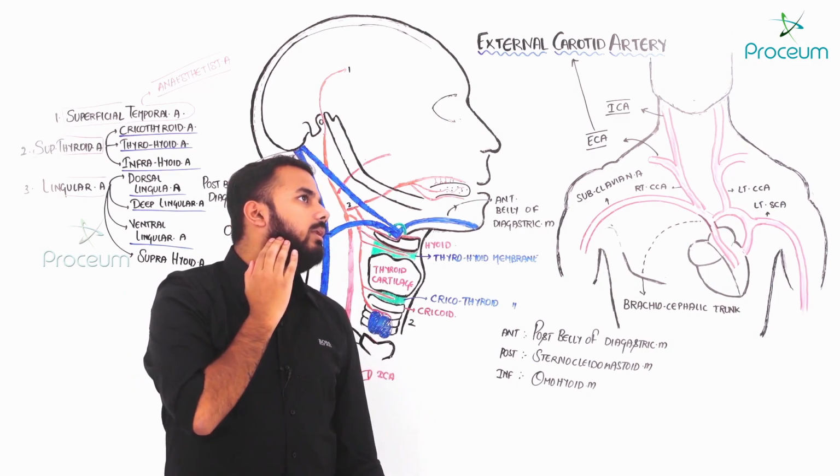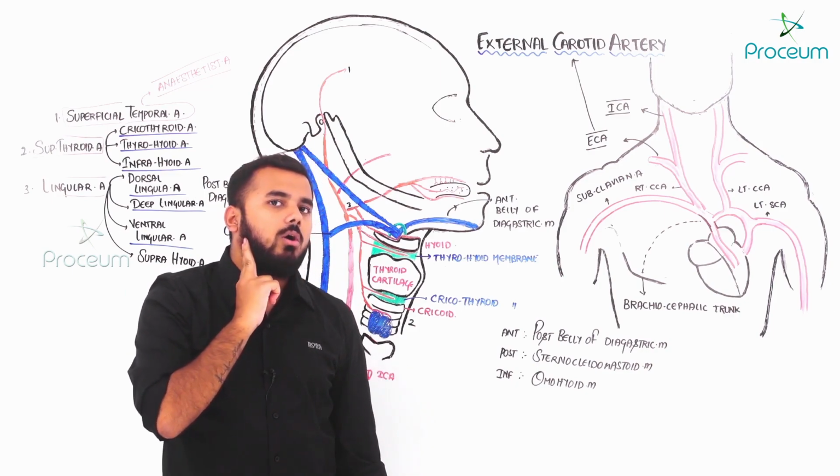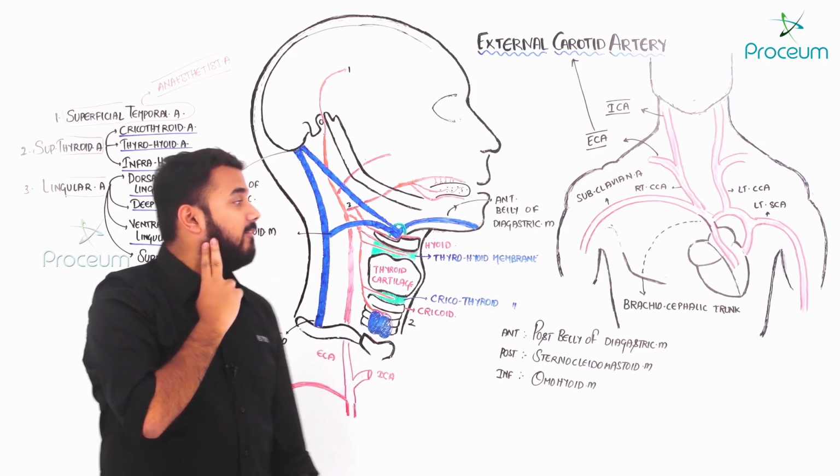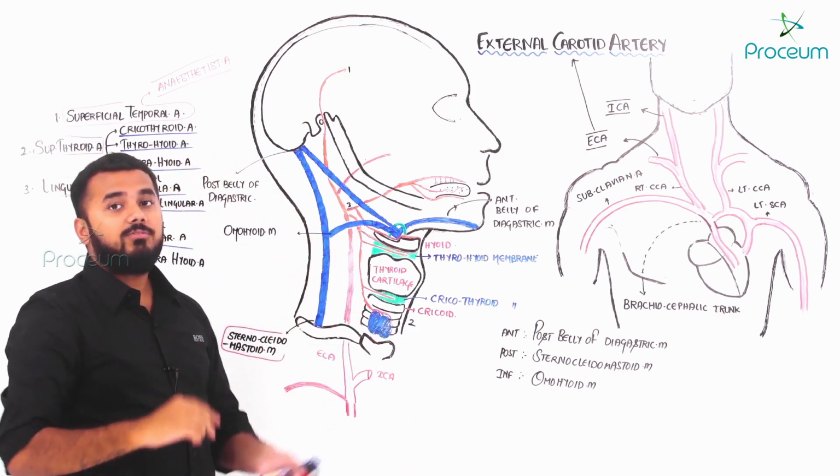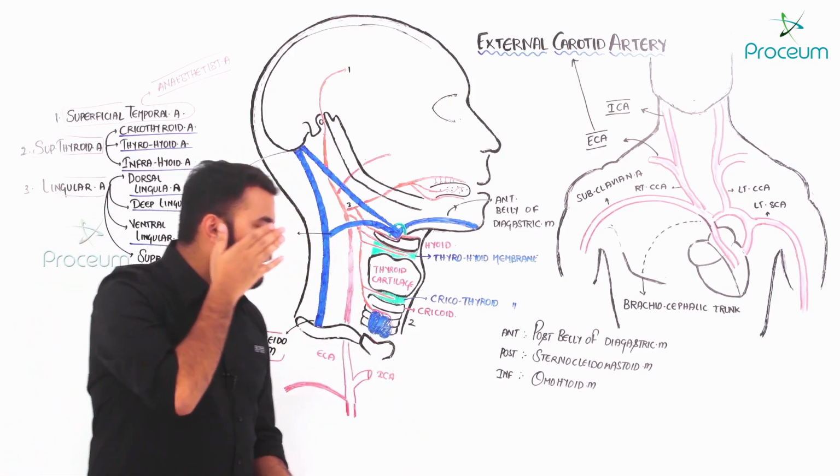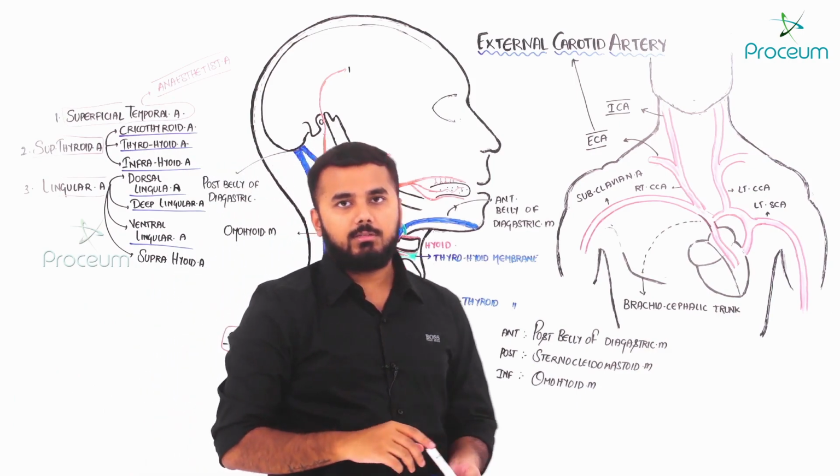If you want, you can palpate the angle of the jaw. You can very well feel this artery, and this is called the facial artery because it is directly entering into your face.